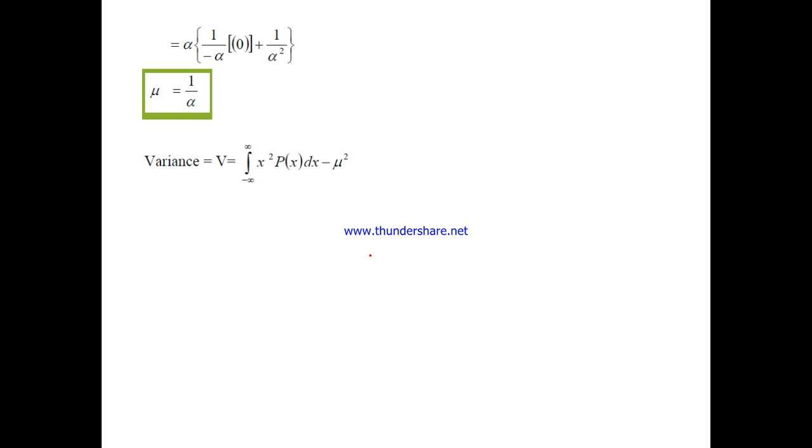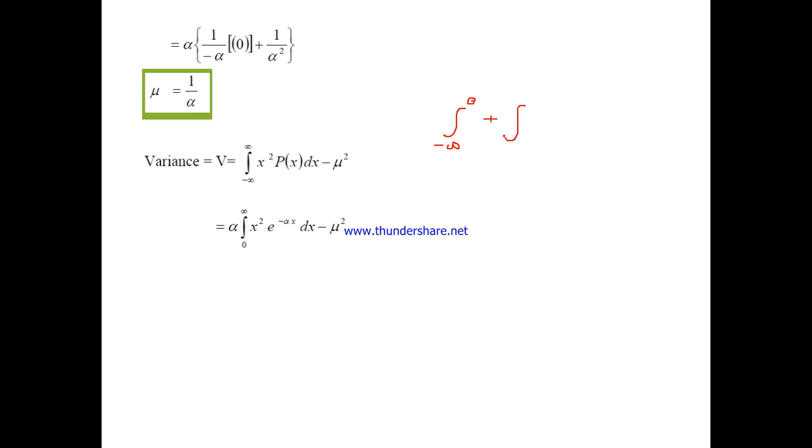Using integration by parts, this gives us the integral from minus infinity to plus infinity. We split it up as minus infinity to 0 and 0 to infinity. Minus infinity to 0, we know that it is 0 for us.